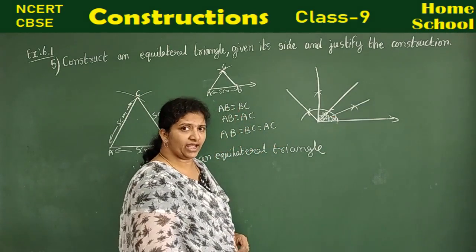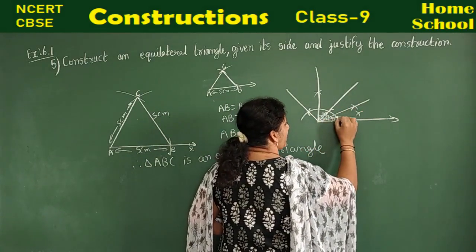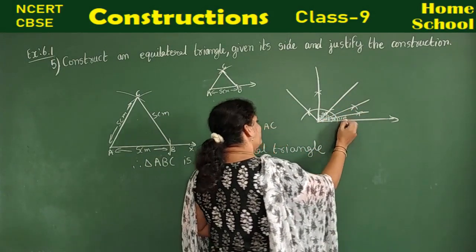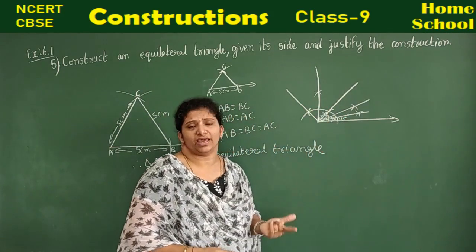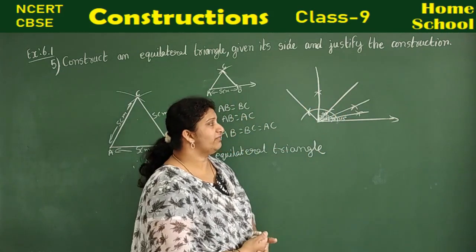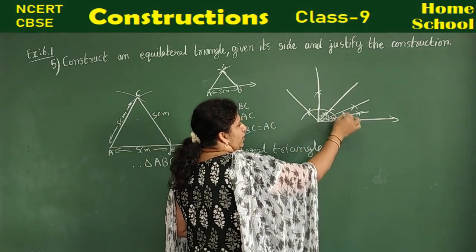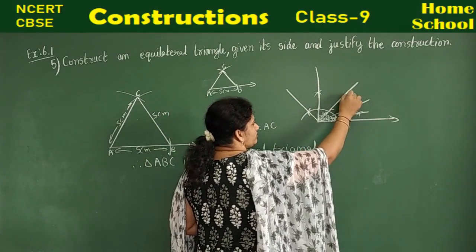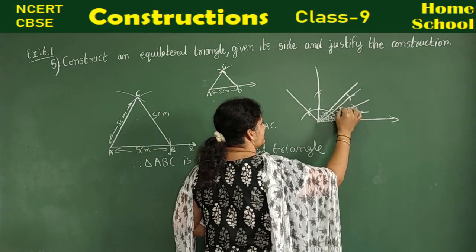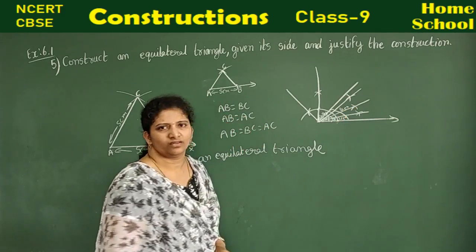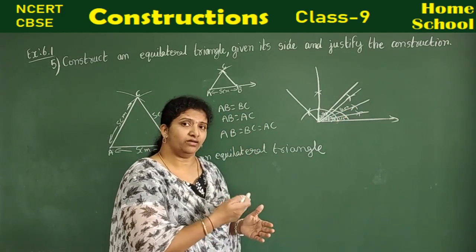And if 15 degrees is asked, in this 30 degrees, again more than half, do the bisector and this will be 15 degrees. Suppose anybody asks you 45 degrees. 45 degrees means what you need to do? 90 degrees, this point and 0, this point. Do the bisector. And where does it intersect? This angle is 45 degrees. Right? By using the other angles, we need to frame the new angle.